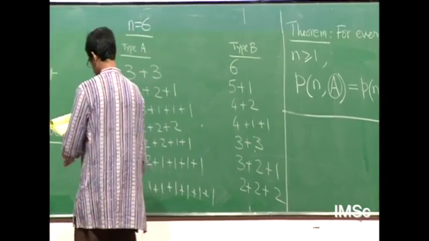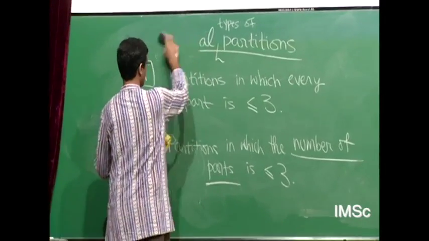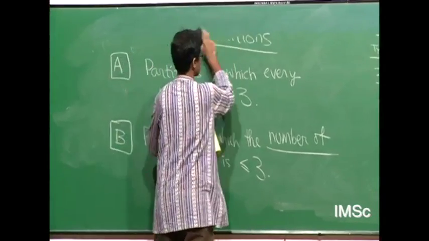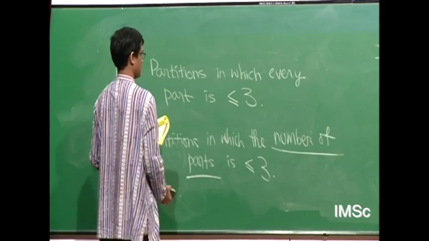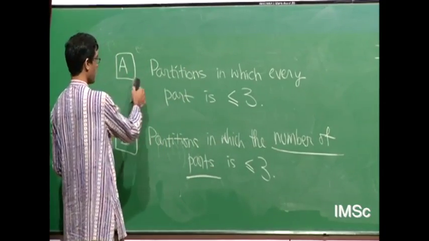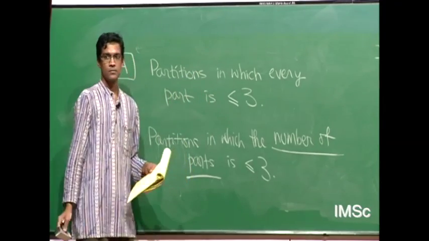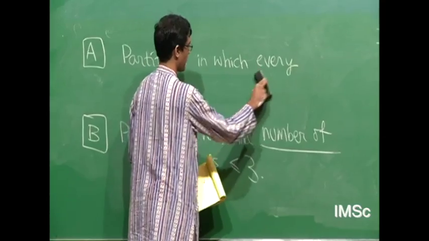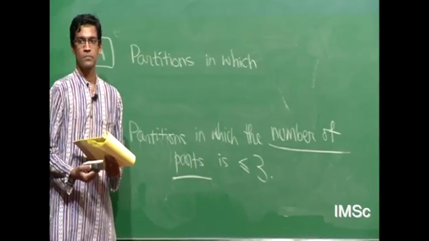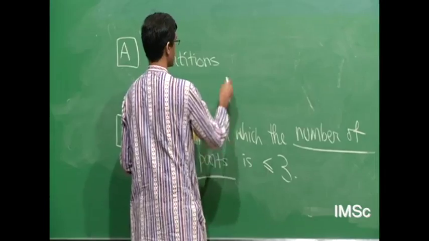Now, here's what I want to do. What does type A mean in terms of the diagram? Okay, type A, this is the definition: partitions in which every part is at most 3, right? Now I want to rephrase this in terms of my diagram. Let's complete the sentence.